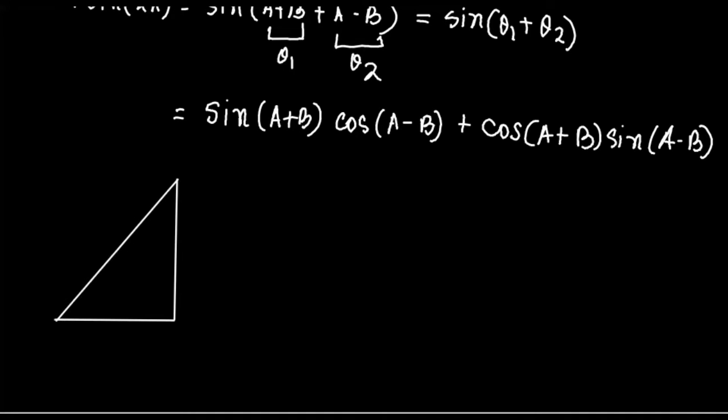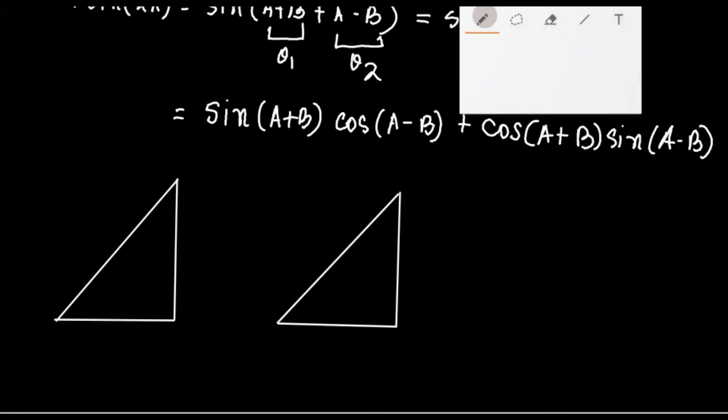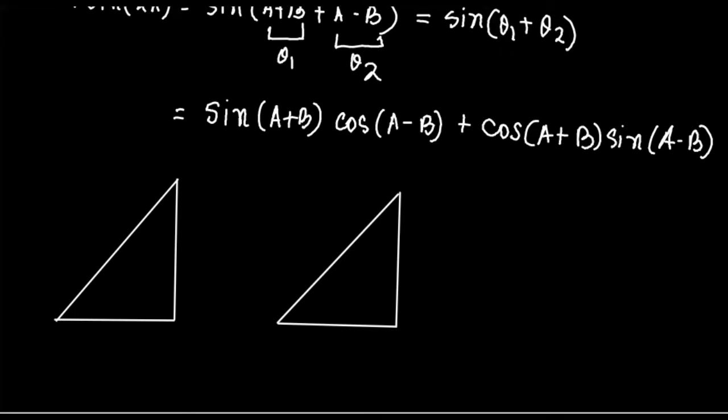Suppose this is one triangle and this is another triangle. Here this angle is a plus b and suppose this angle is a minus b.